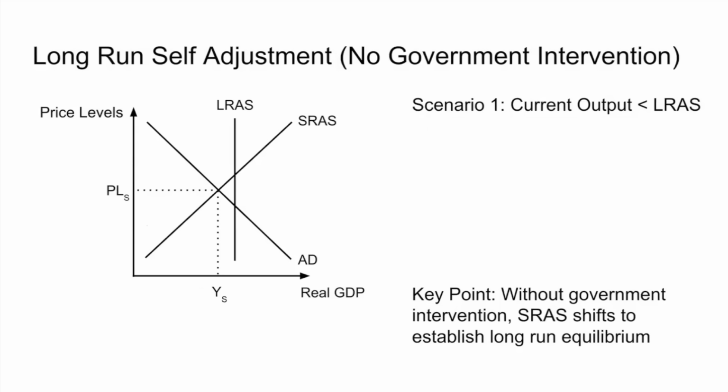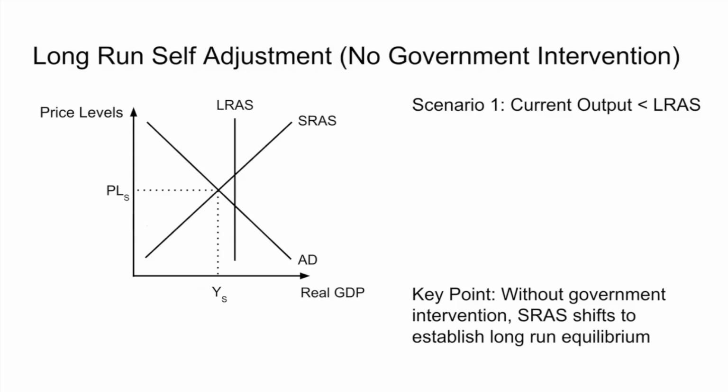Long-run self-adjustment without government intervention. Now we have the long-run aggregate supply curve, and if the short-run equilibrium is not at that output, what would happen? The key point is, without government intervention, the short-run aggregate supply curve would shift to establish long-run equilibrium.